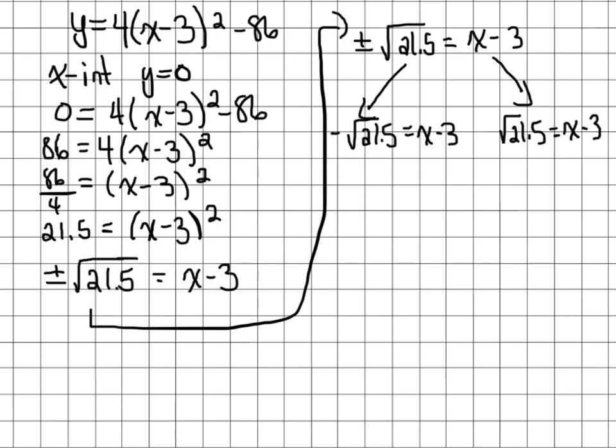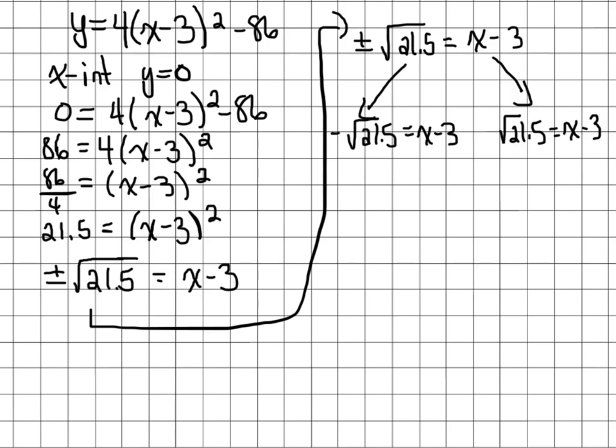So now solving, I'm going to show there's two ways of writing this. Because 21.5 does not have a perfect square root, and that's fine because life isn't perfect all the time. So if I was going to isolate for x here, I would have to add 3 to both sides.